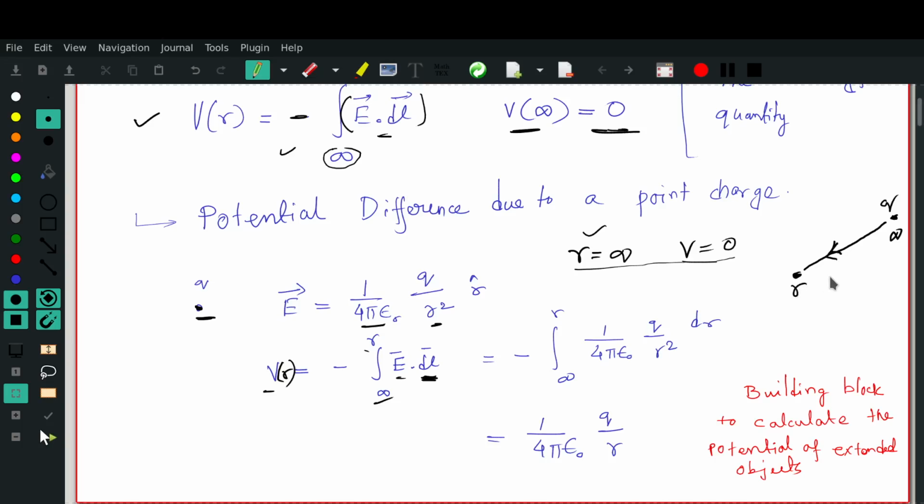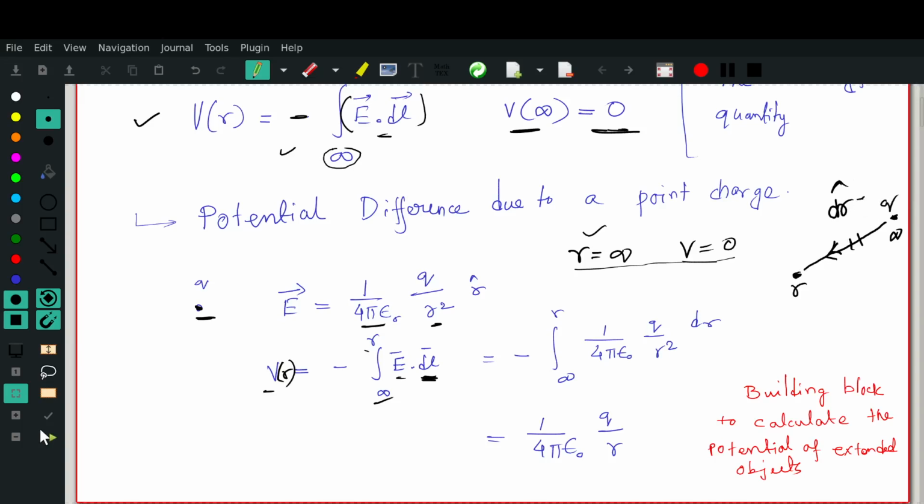I will not do any funny business around these paths. If I bring it along a line, with circular symmetry, then the dl which I was writing before is nothing but dr cap, just dr cap.